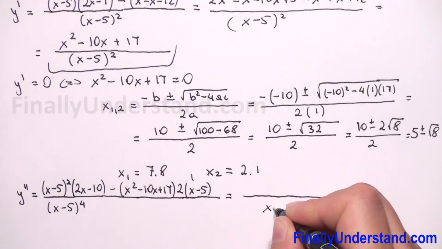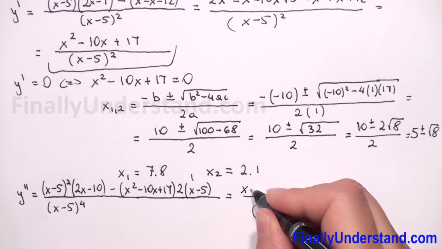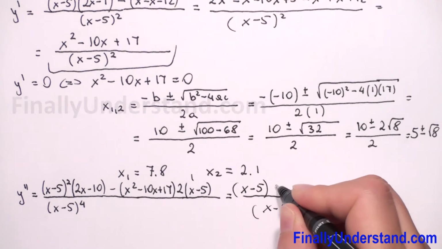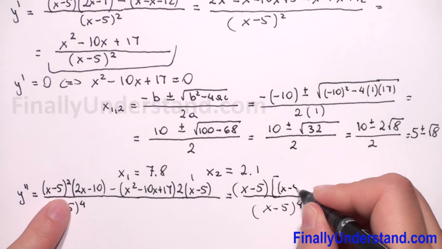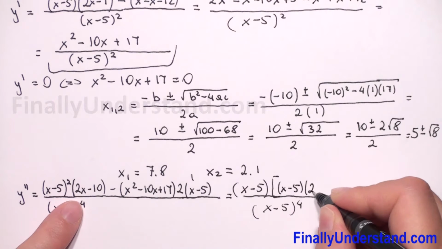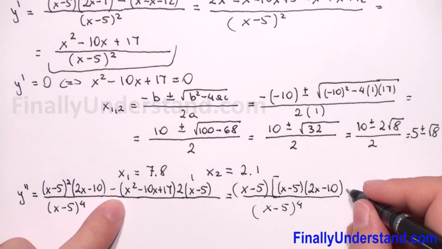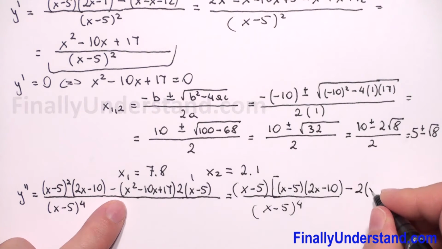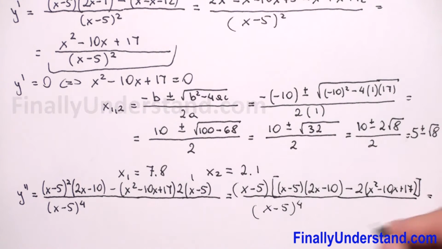So the denominator we can copy, and here we have x minus 5, and in parentheses we have x minus 5 times 2x minus 10, minus 2 times x squared minus 10x plus 17. So close the parenthesis, this is equal.